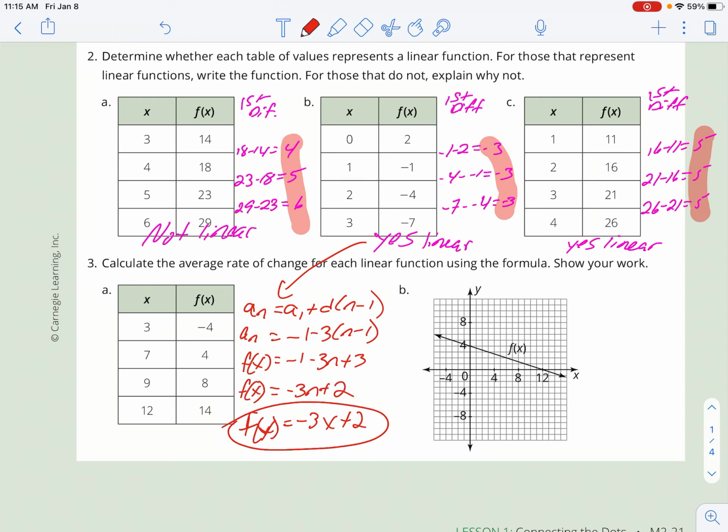Because then on the last one, it starts off with 1, so I'm going to use 11 then for a sub 1, for the term number. So I'm going to do the same idea. I'm going to use 11 here, and I found a common difference of 5.